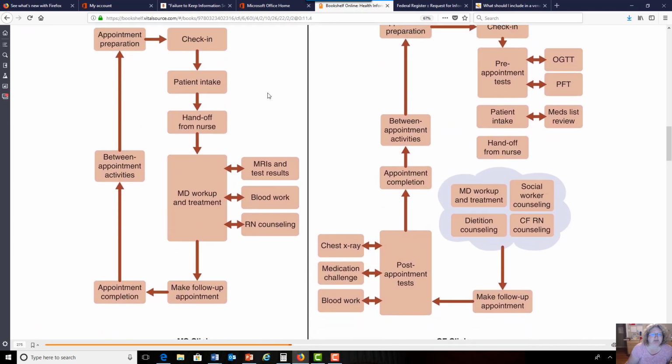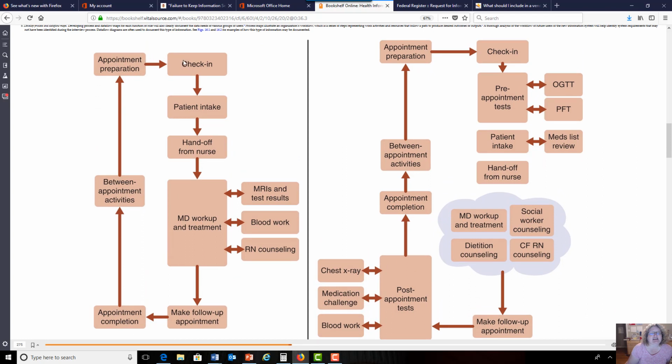This is a multiple sclerosis clinic, and you can see here that it begins with checking in the patient, the intake, where the intake forms are signed, the handoff from the nurse to the physician or providers, the different tests that are done and then reported back to the provider. And then the patient goes to check out and makes a follow-up appointment. And then what kind of in-between appointment activities are there? And then back to appointments and so forth.